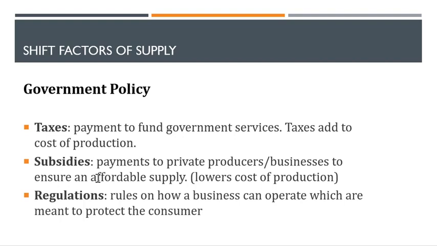So when there is any subsidy, we can expect more supply from producers. Regulation could increase the supply, and it might lower the supply as well, depending on what sort of regulation the government is taking. Some regulations are good, that might encourage producers to produce more, and some regulations might be detrimental, and that might discourage producers from producing.